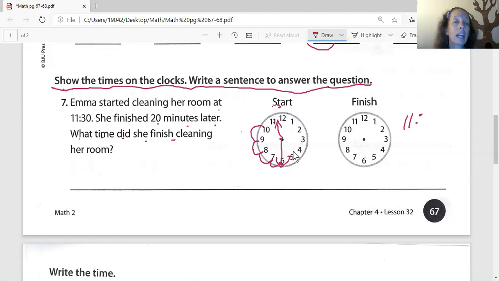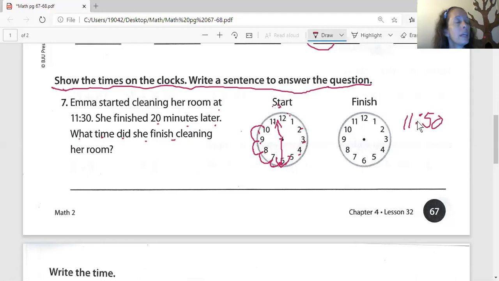And now we've got to count 5-minute increments all the way around. So let's have Kylie count. 5, 10, 15, 20. Let's help Kylie now. 25, 30, 35, 40, 45, 50. So the time is 11:50.